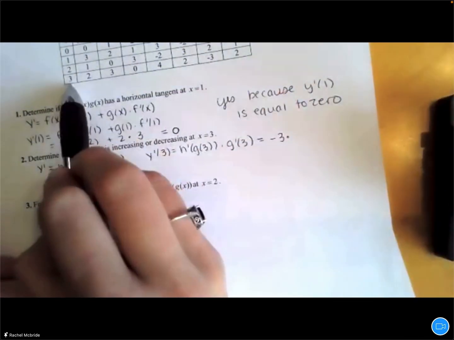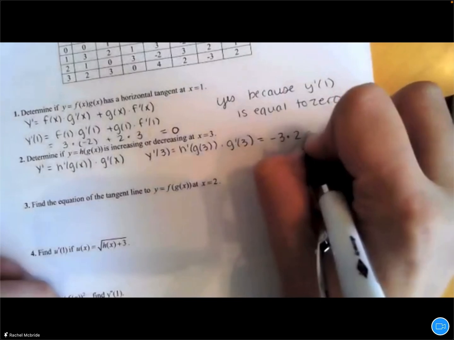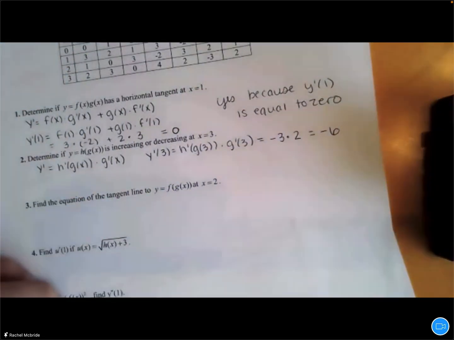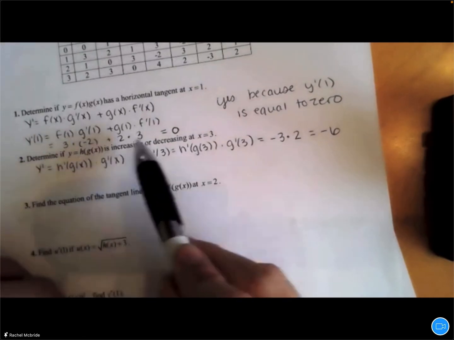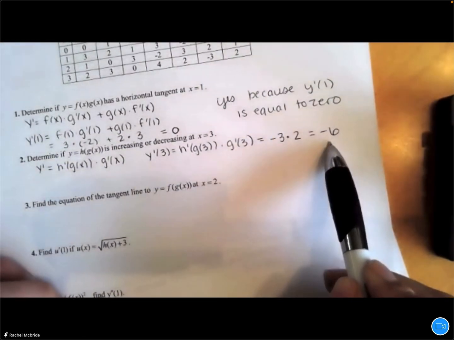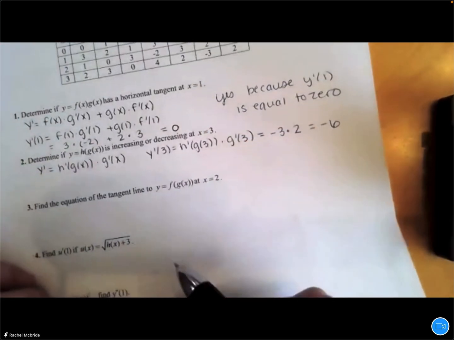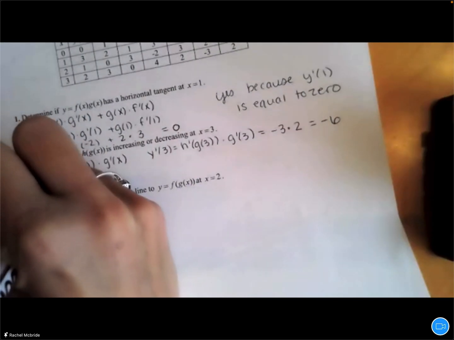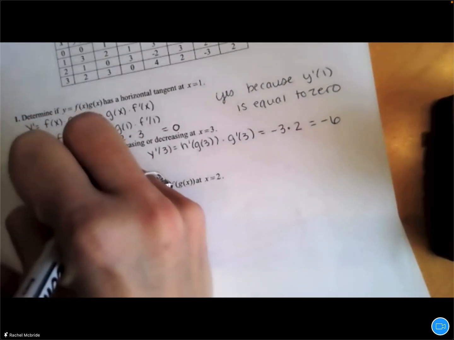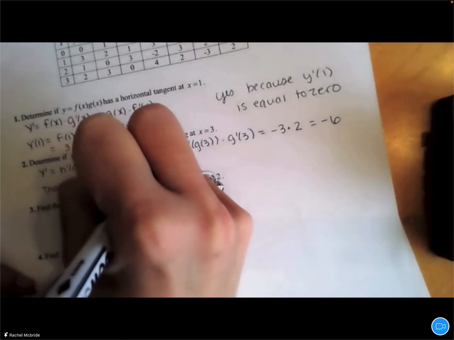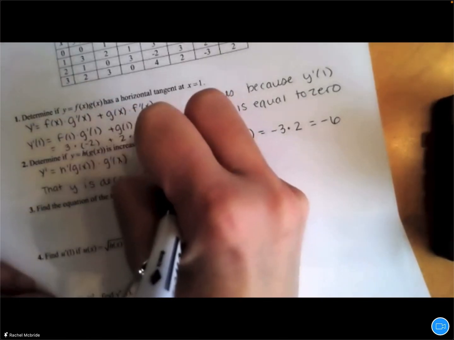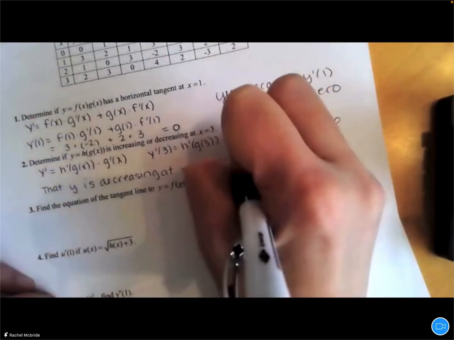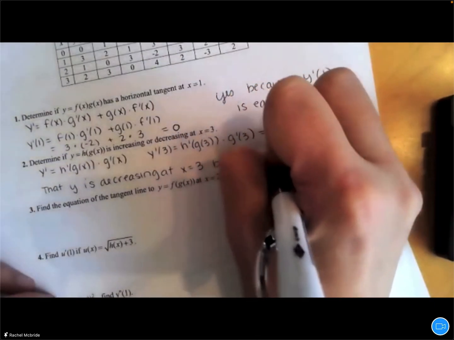G prime of 3 is 2. So y prime of 3 is negative 6. So if the value of the derivative is negative, then the original is decreasing. So we would say that y is decreasing at x equals 3 because y prime of 3 is negative.